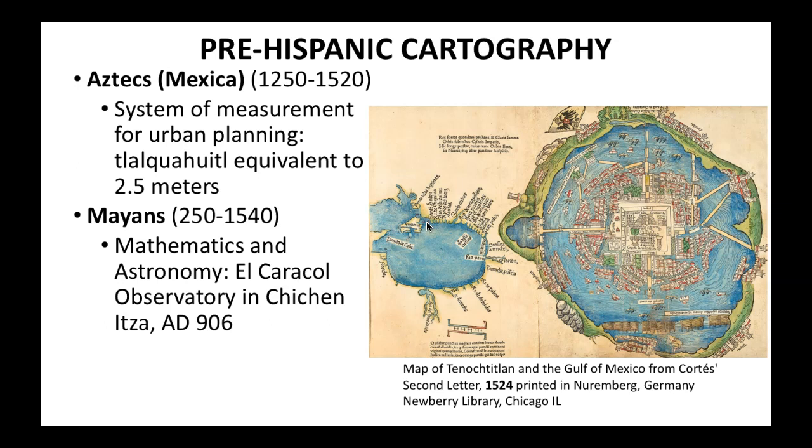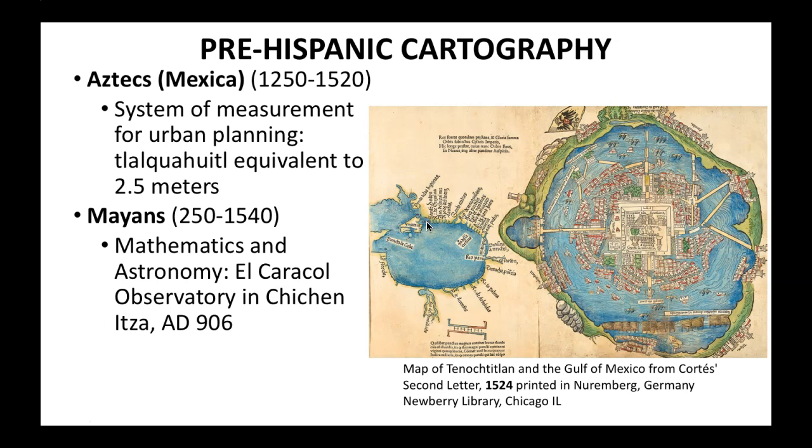A lot of the maps or books or codexes of the Aztecs, for example, were destroyed by Catholic priests who often thought that many of these books depicted witchcraft, for example, or types of sorcery. And so we don't have books surviving from pre-Hispanic cartography.